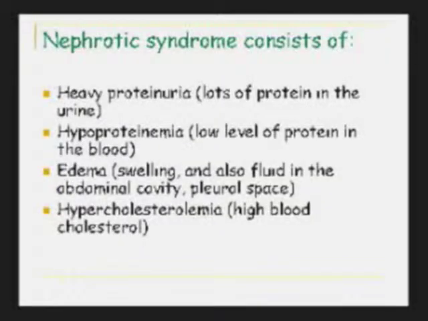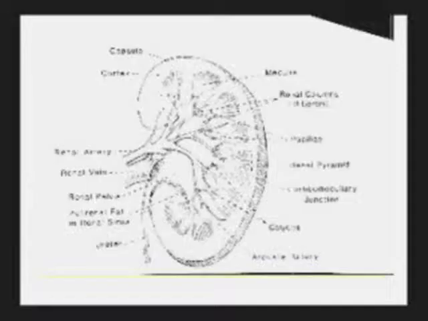And high blood cholesterol levels, which seem to tie into the defect of handling replacing the proteins in the liver. I'm not going to go into that at all except to tell you that it's a part of it.